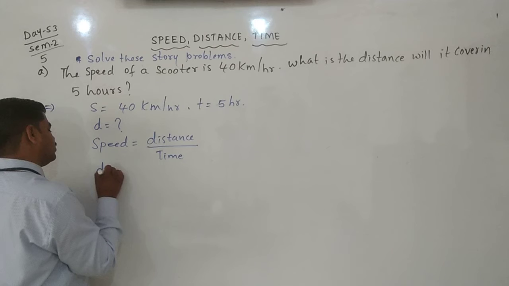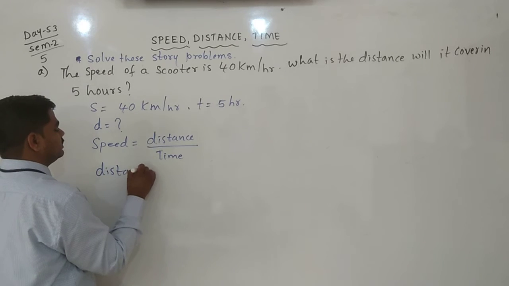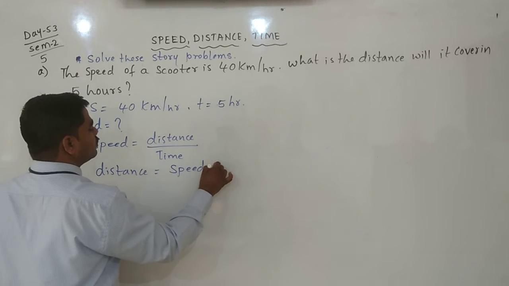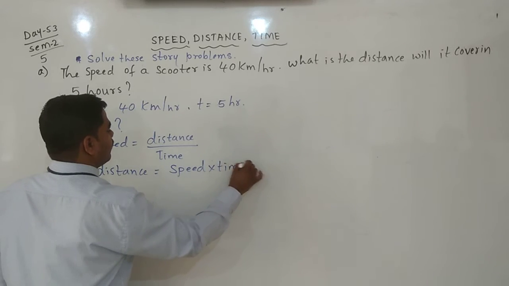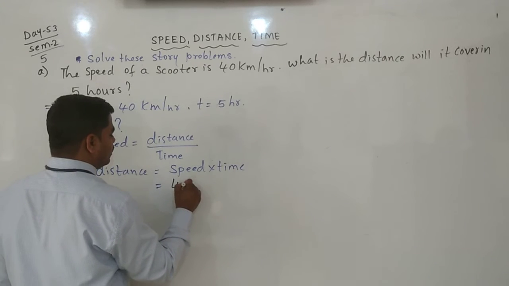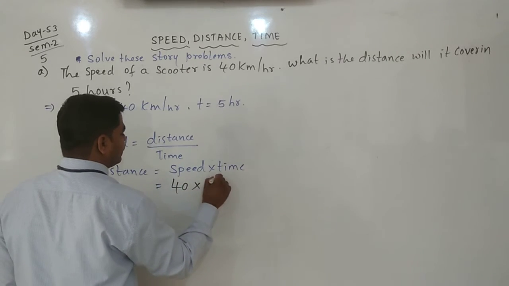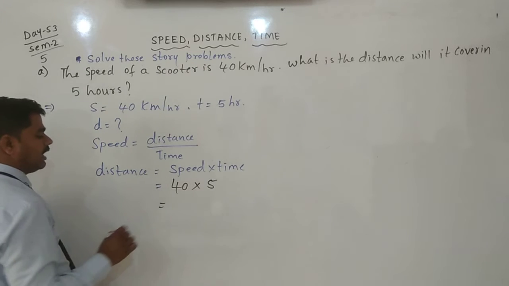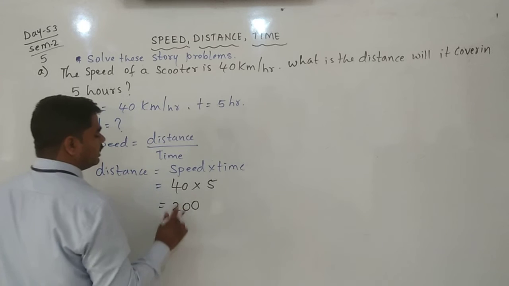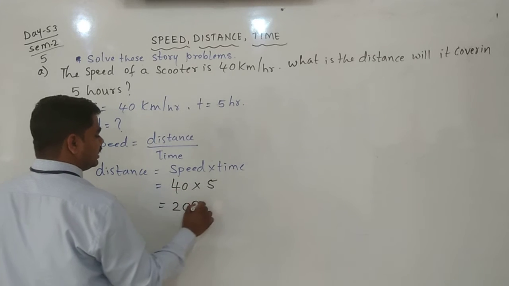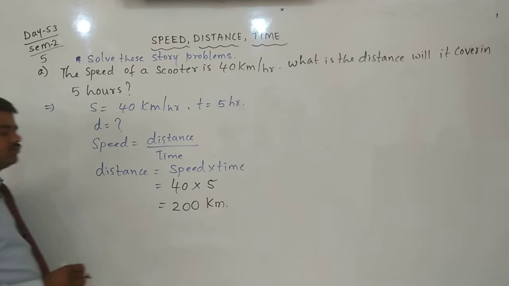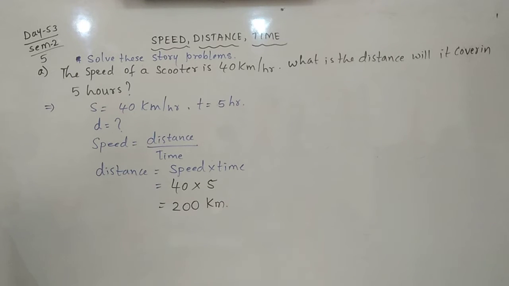Then distance is equal to speed into time, where speed is 40 kilometers per hour and time is 5 hours. 5 4s are 20, and with the 0 in the multiplicand, it is 200 kilometers.